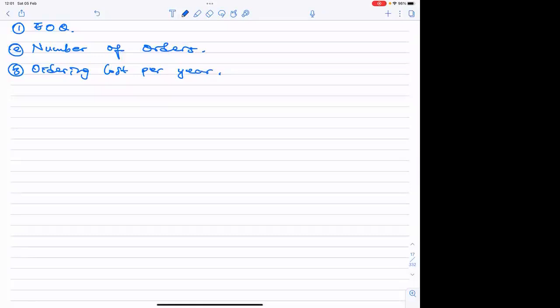Number 4 is the holding cost per annum. Right, let's just add those things there. It's 3 actually. First, we need to calculate the number of orders. Then second, we have to calculate the ordering cost per year. Then lastly, we have to calculate the holding cost per annum. Right, we have that now.